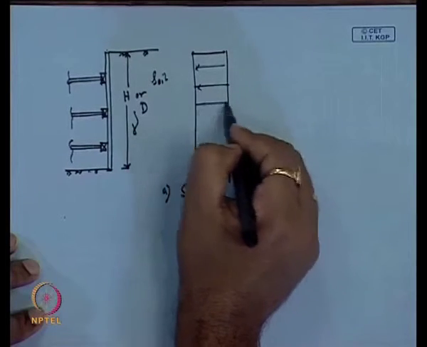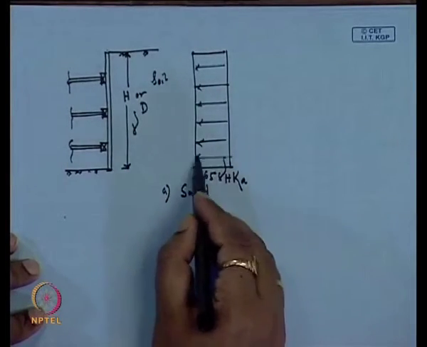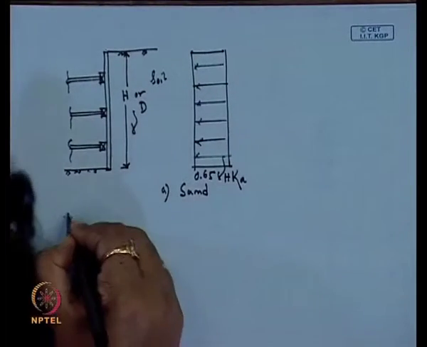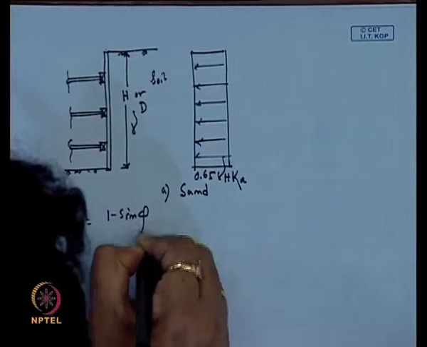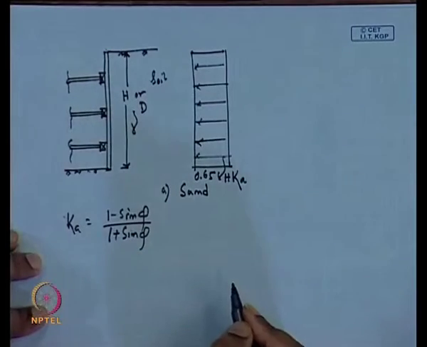Suppose this will be the direction. That depends upon the type of soil and the speed at which the excavation is going on. Here K we can write as (1 minus sin phi) divided by (1 plus sin phi).